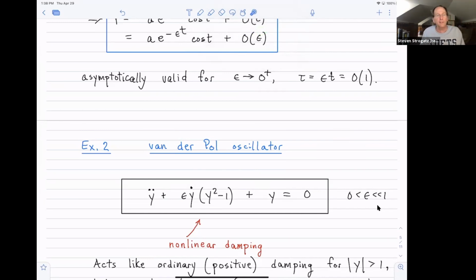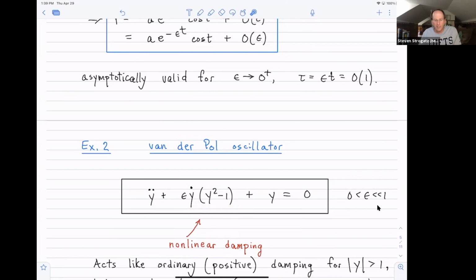So you may have learned in a decent physics course that if you write the equations for an RLC circuit, resistor, inductor, capacitor, it looks like a simple harmonic oscillator with a mass on a spring and a dashpot providing damping. So you should sort of think of this not so much as a mechanical oscillator, as more of an electrical oscillator, where this term turns out to correspond to a nonlinear inductance.